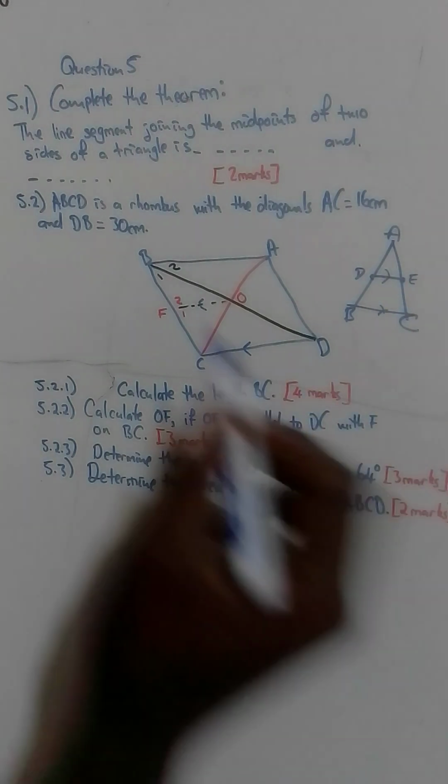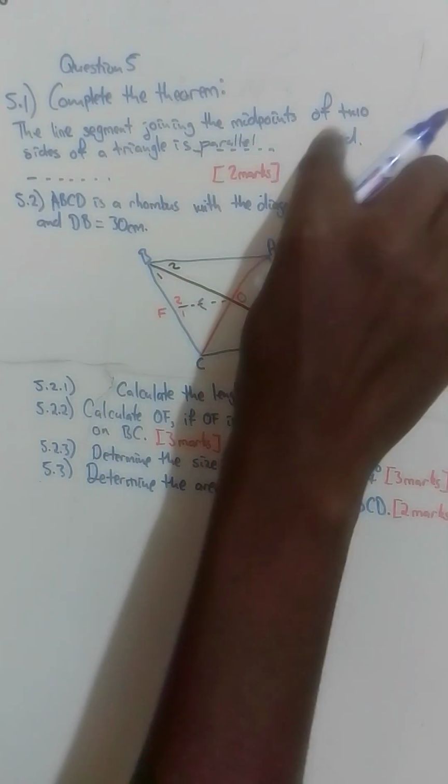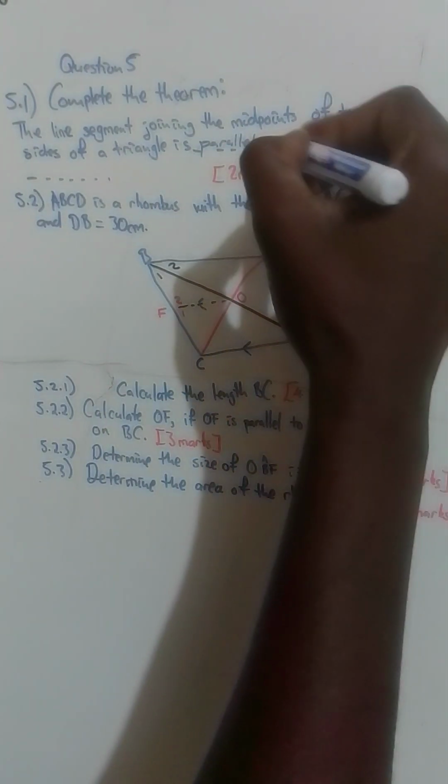That is the first thing. So when they say the line segment joining the midpoints of two sides of a triangle is, the answer is parallel to the third side of a triangle.